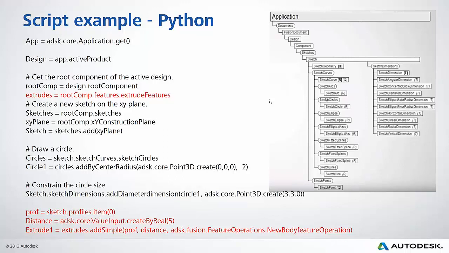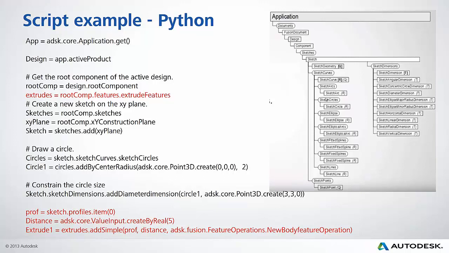I create the distance variable to tell it how far I want to extrude, and then I create the extrusion where I tell it the profile, the distance, and how I want it to do the extrusion, whether I want new body, join, intersect, cut. I can even do new component in there as well. And we'll look at this because I mentioned the code hints earlier, so we'll see this in process whenever we get there.